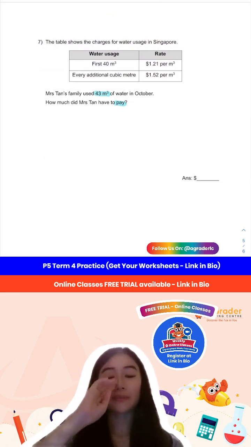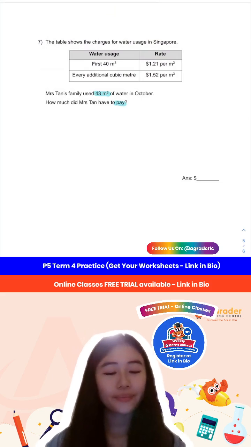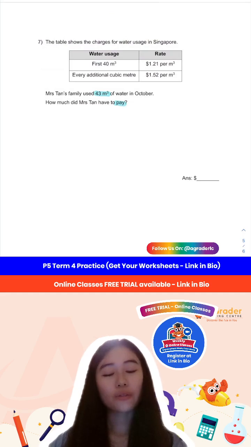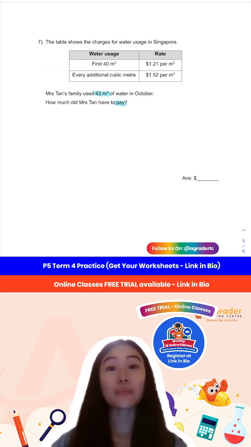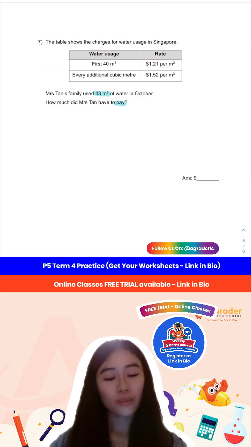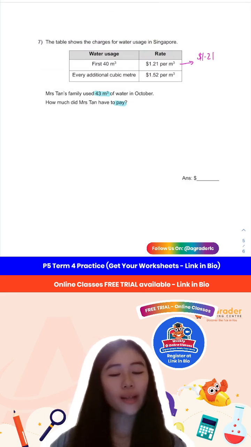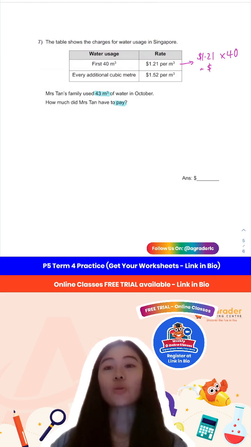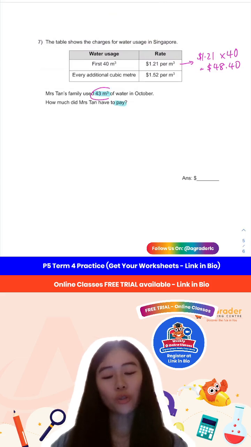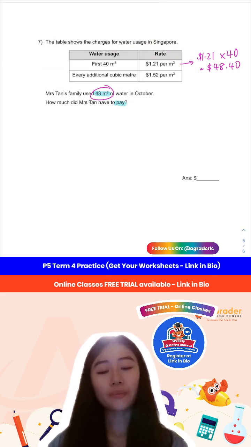Alright, let's take a look at the answer. So the first 40 meter cube is $1.21 per meter cube. So for this, you are supposed to use $1.21 times 40. Yeah, so this would have given you $48.40. And then because she used 43 meter cube of water, you can use 43 minus 40.